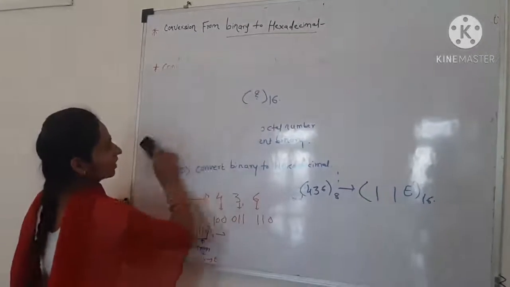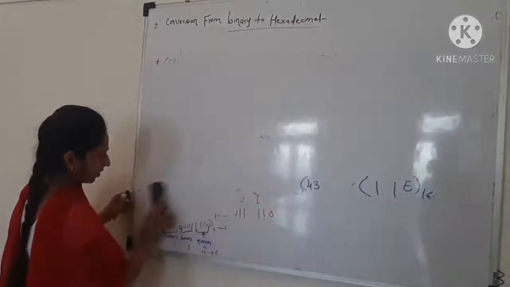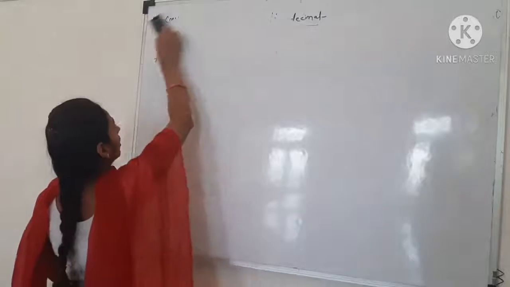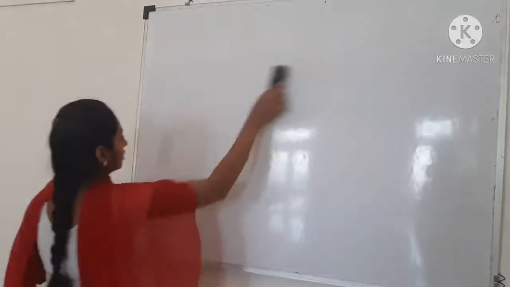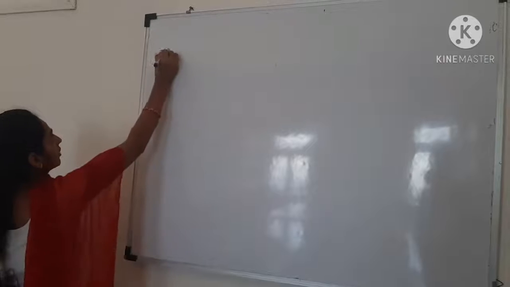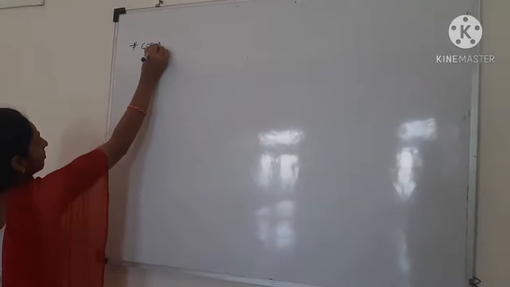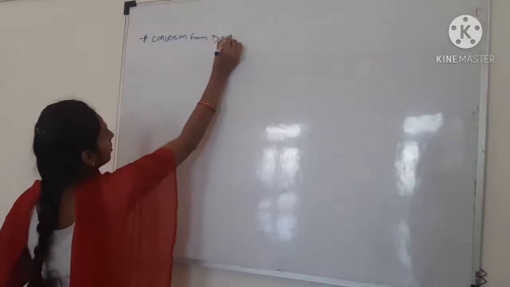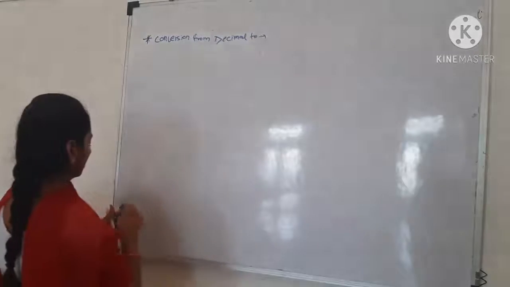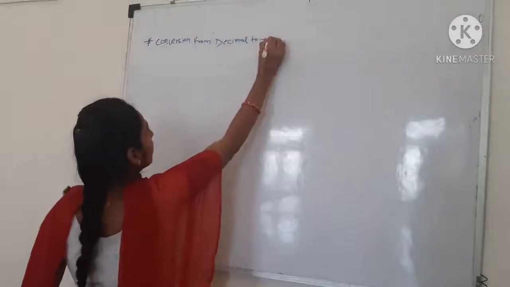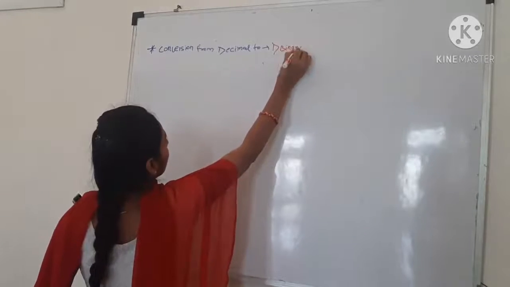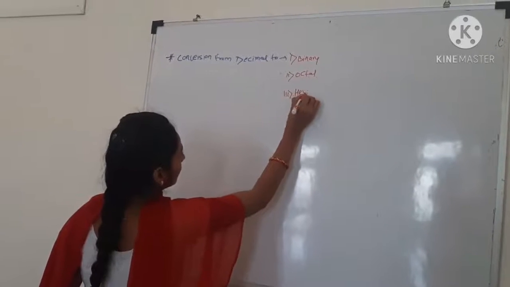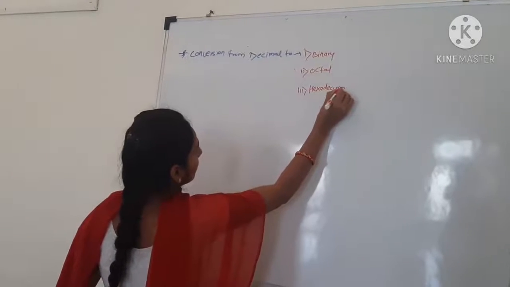Now we will summarize all the conversions, because up to this lecture we have completed many conversions. Let's take a review. First we started with conversion from decimal to binary, octal and hexadecimal.